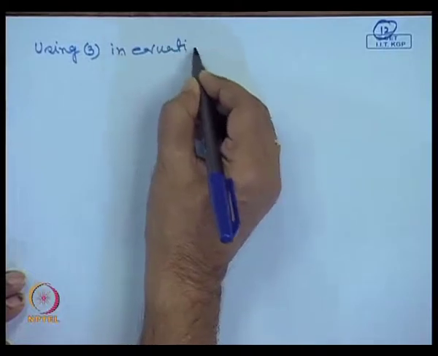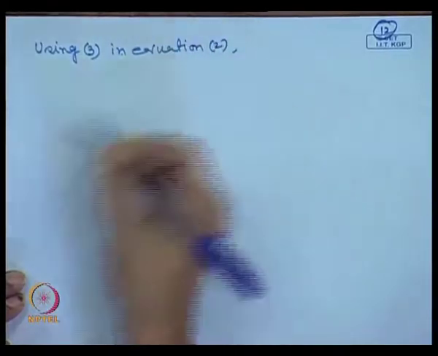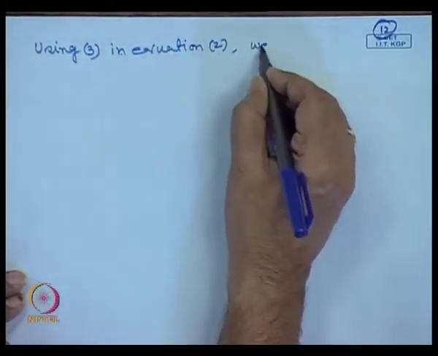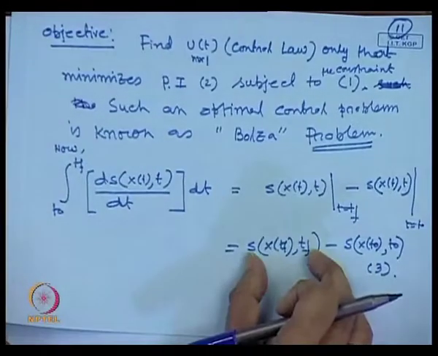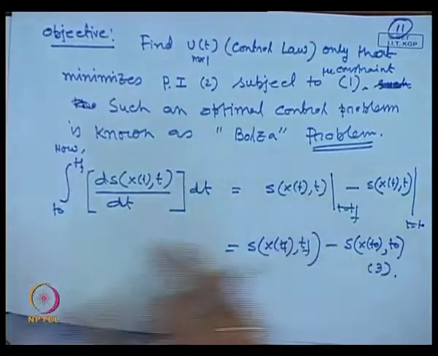what do we get? Just look at this expression: this is this minus this one, and I am using this.